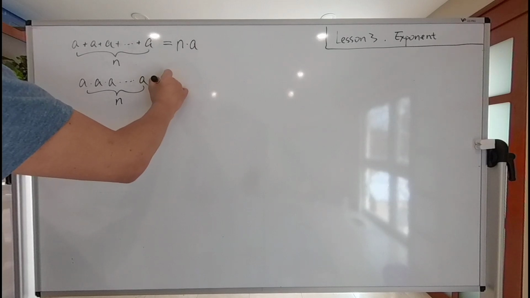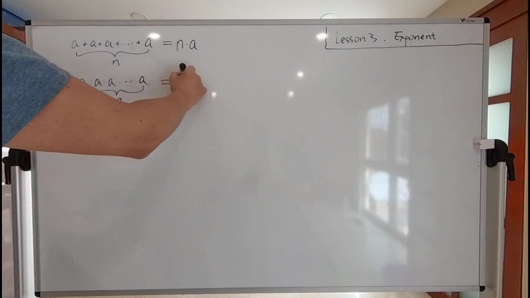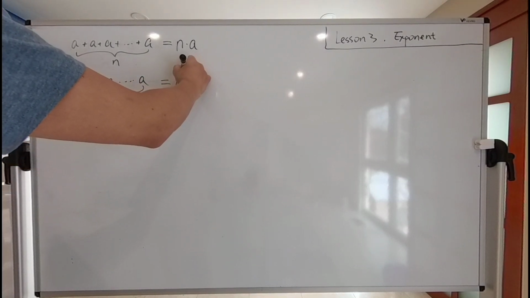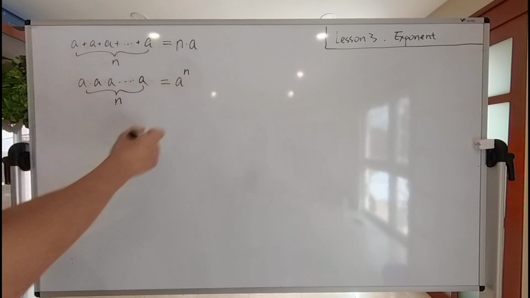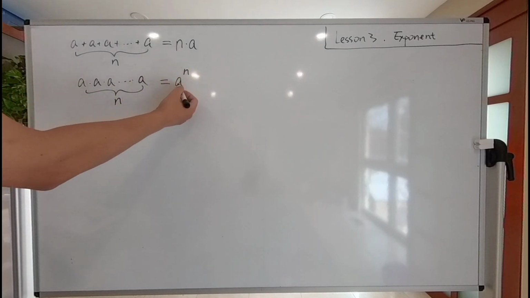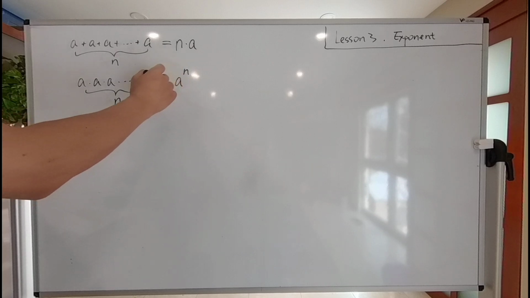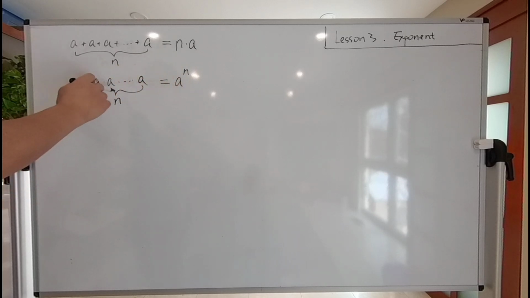Yes, we do have a further compact form to rewrite this expression as a to the nth power, the power of n, or the nth power of a. This is simply a notation that means I have n such numbers repeatedly multiplied together.